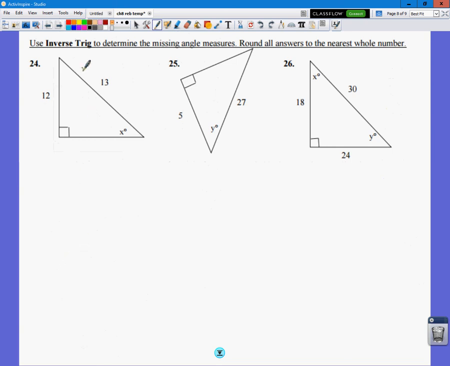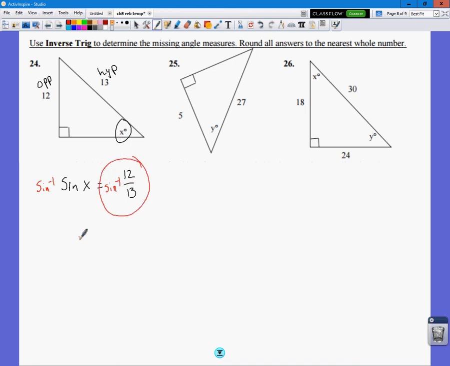Here we're going to use an inverse function because we are looking for an angle. We still use the same process. This is opposite, this is hypotenuse. Opposite and hypotenuse is a sine function. So the sine of x is equal to 12 over 13. Notice I left myself a little space here because I know that I'm going to use an inverse function. So I left room to kind of squeeze it in.